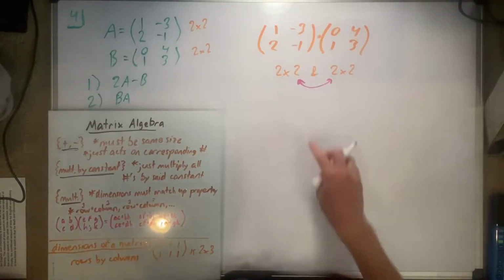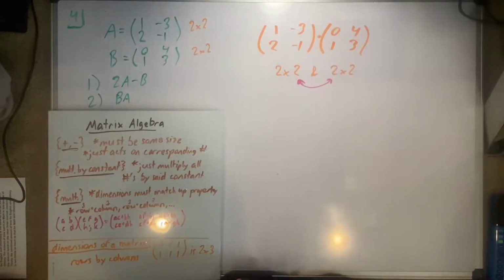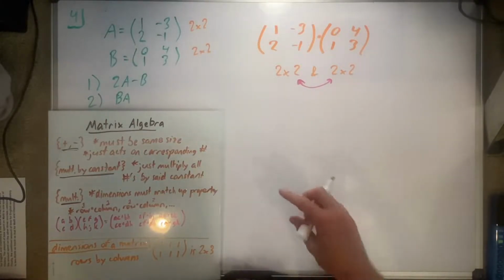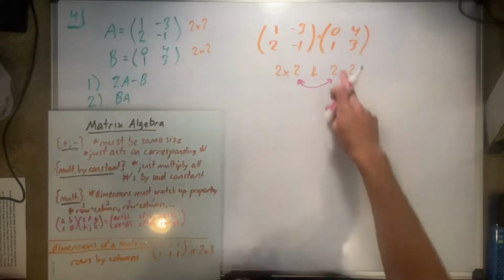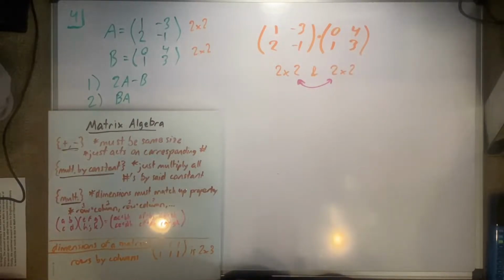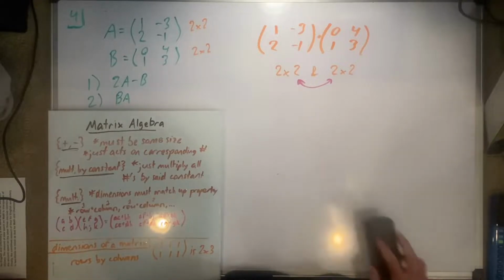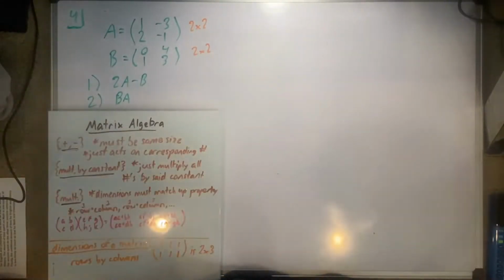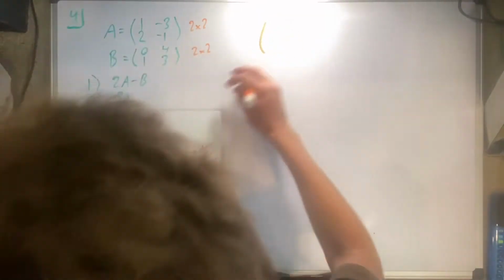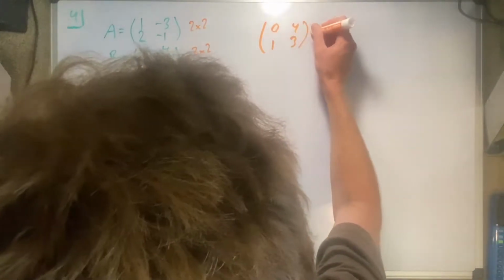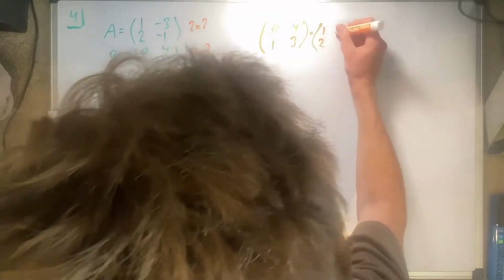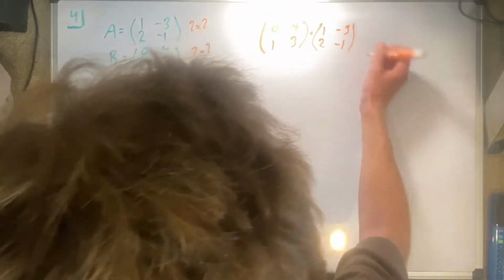It does matter which one goes first, because the multiplication will change if you have this one come first. So I just realized that I wrote them down in the wrong order because it says BA. So 0, 1, 4, 3 times 1, 2, negative 3, negative 1.